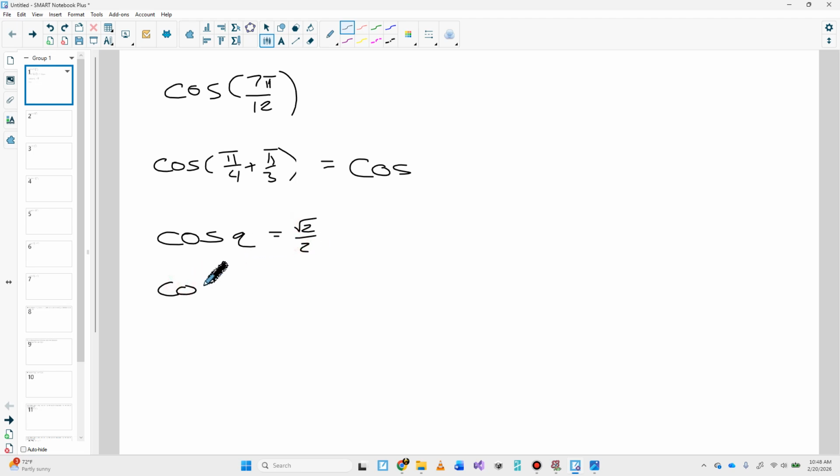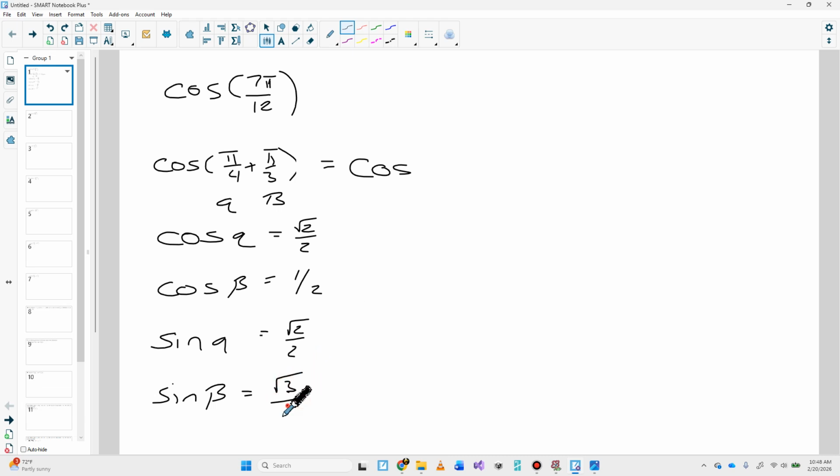We also need the cosine of pi over 3, which is my beta. Well, the cosine of pi over 3 is 1/2. I also need the sine of alpha, the sine of pi over 4. This is my alpha, and this is my beta. So the sine of pi over 4 is the square root of 2 over 2. And the sine of beta is the sine of pi over 3, which is the square root of 3 over 2.